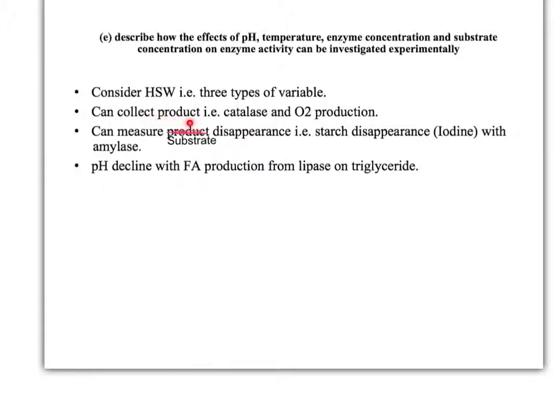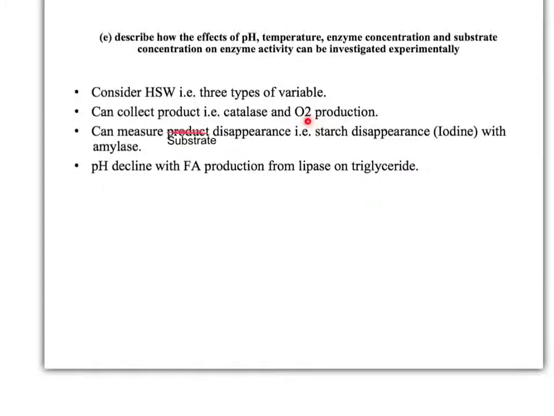So to be able to work out the rate of reaction, enzymes which cause a change of state, from substrate to product, are very useful, and the enzyme catalase does exactly that. Catalase takes liquid hydrogen peroxide and turns it into the gas oxygen. So we've got a change of state from liquid to gas, and this gives us an easy way of measuring the amount of product, oxygen in this case.